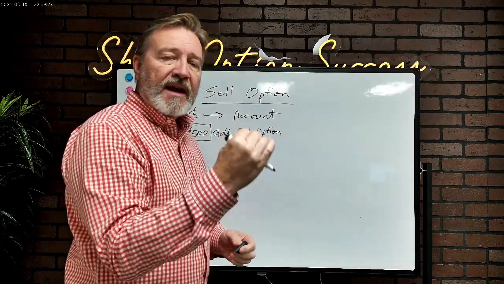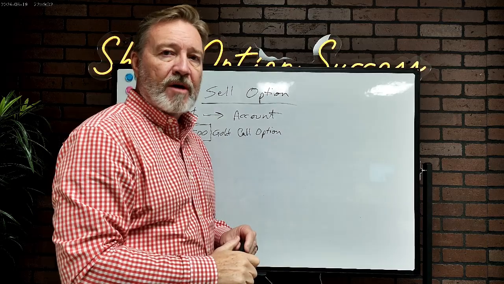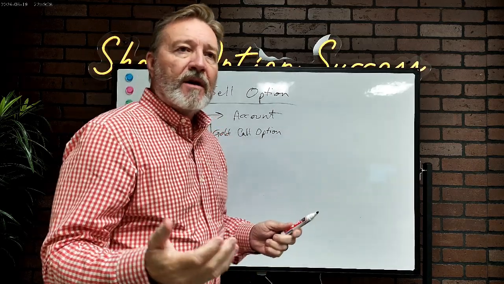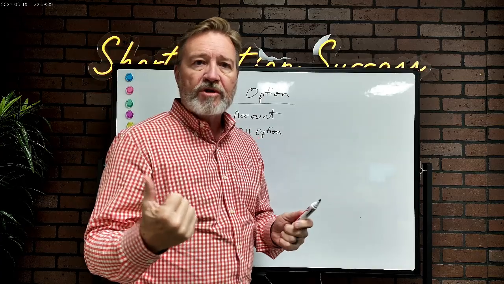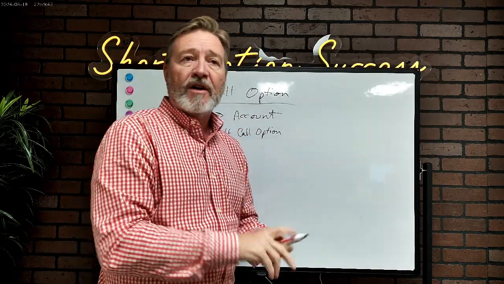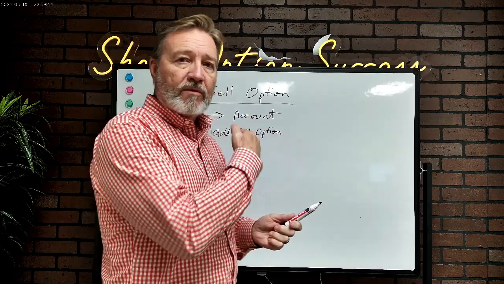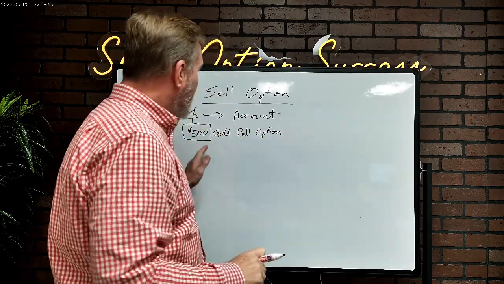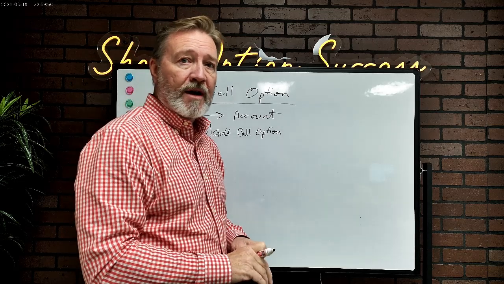My account cash balance goes up by $500. Now, the exchange will hold some margin money back. The option still has a $500 value, so your net liquidity will reflect that. But at the same time, that's money that goes into your account when you sell an option.